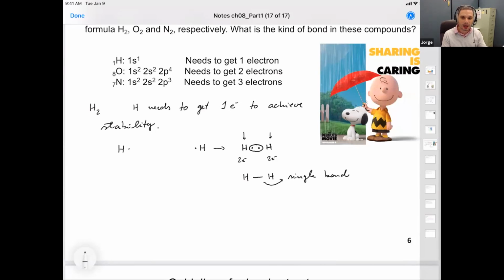And that's how elements that need to get electrons will combine with each other to achieve stability. Remember that always when a pair is being shared, this pair belongs to both atoms and not just one atom anymore.